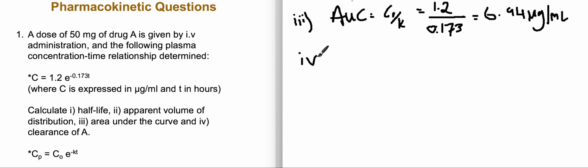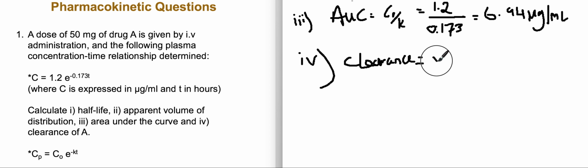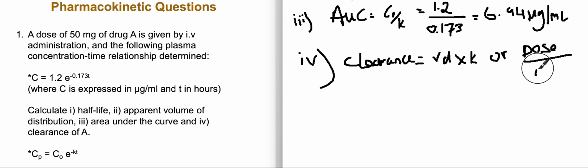And question 4 is clearance of A. You know clearance is Vd times K, or you can do dose divided by area under curve. Now if we were to do both of them, we should get the same answer.